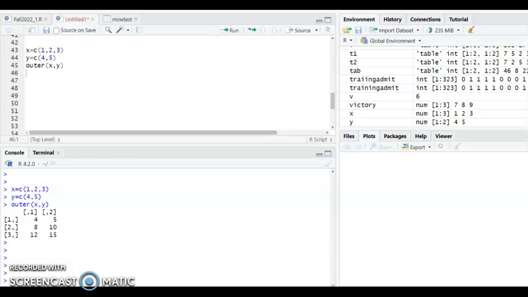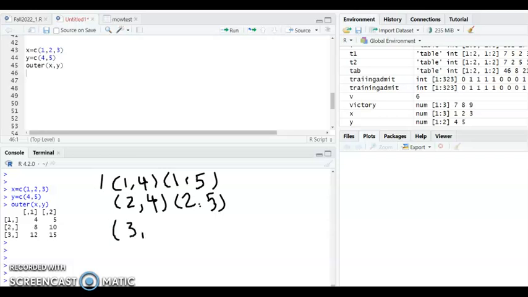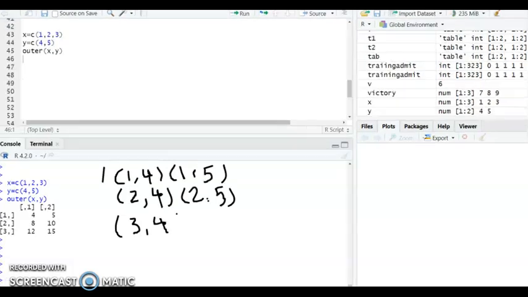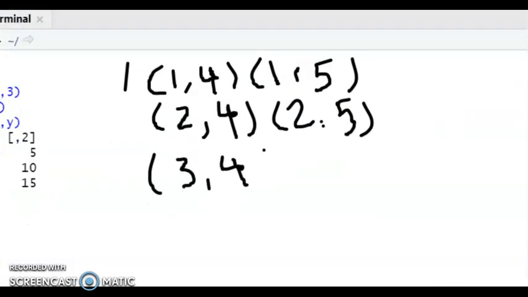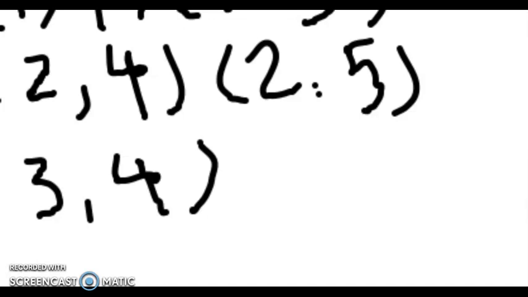If I want to write the pairs, it would be 1, 4, it would be 1, 5, it would be 2, 4, 2, 5, and finally 3, 4, and, oh, I didn't zoom it, and 3, 5.